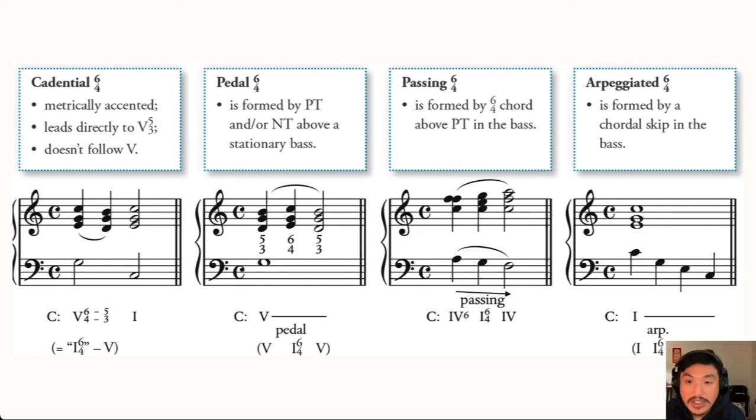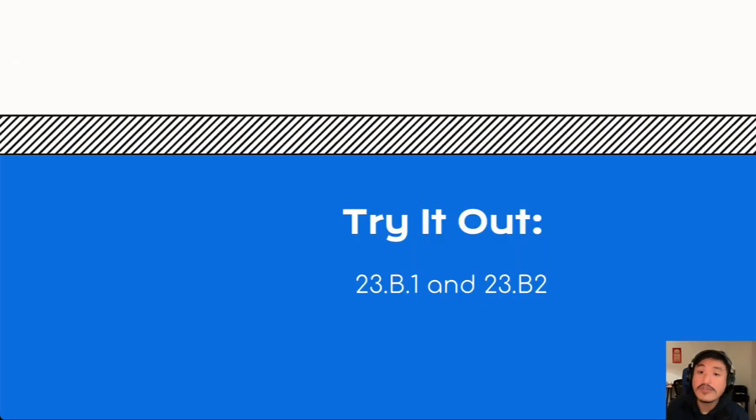Right, excellent. So the next thing I'd like you to try out is head on over to your digital workbook. So we're going to start with going through 23B1 and 23B2. I have posted the answer key, model answers, and also a worksheet if you want to print out or use the PDF version of it on your iPad if you'd like.